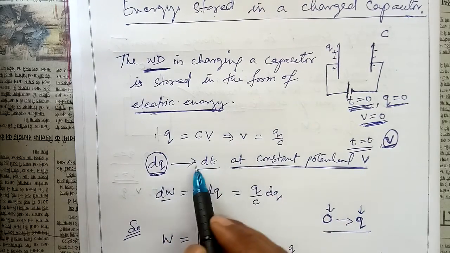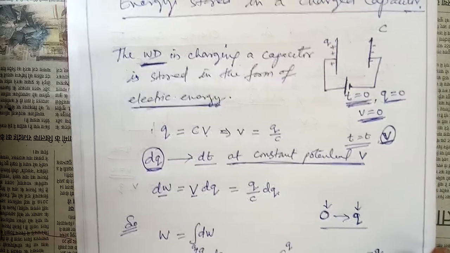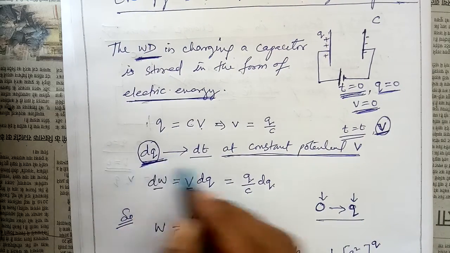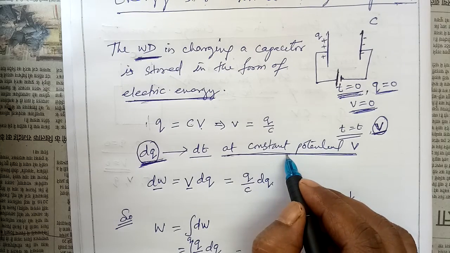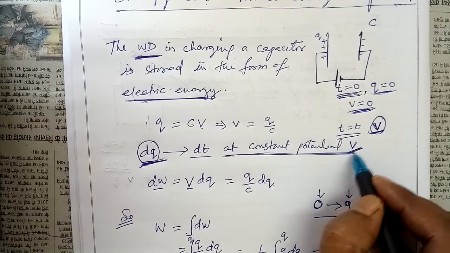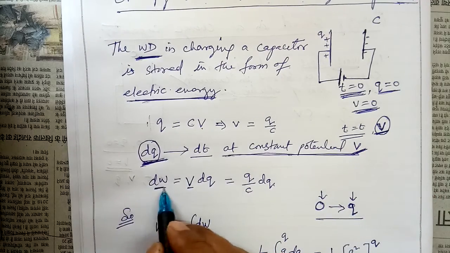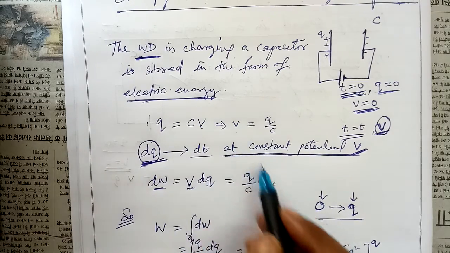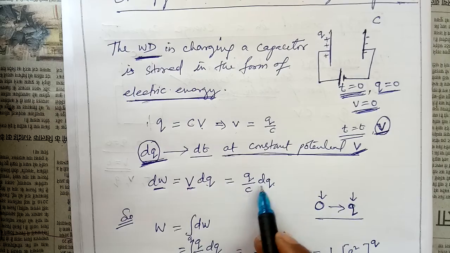We wish to send another dq charge, keeping the potential of the plate constant at V. We require additional work, given as V dq. Substituting the value of V from the above equation, we get q by C dq.